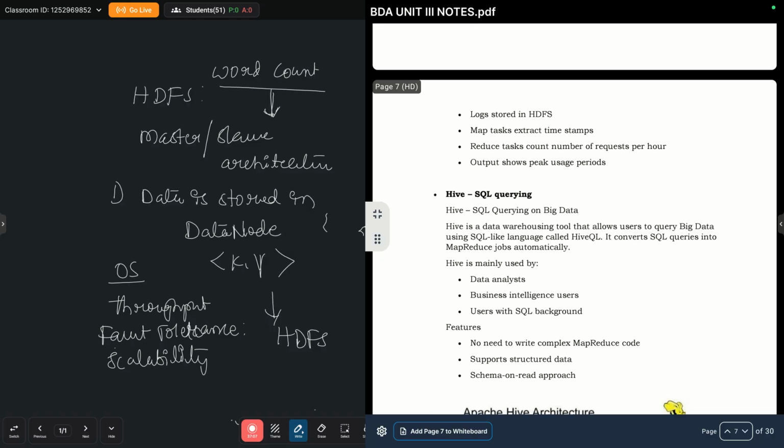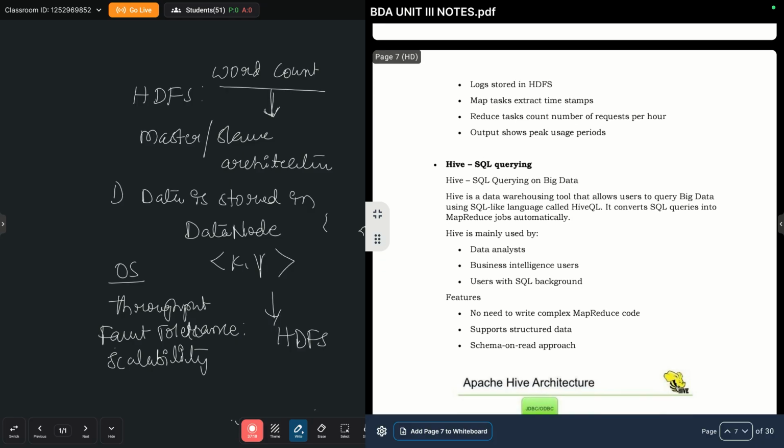The reducer task is to count the number of requests per hour. So how many requests came in one hour, that is done with the help of the reducer. The output shows peak usage periods. In which hour there is huge traffic on the server, that information is produced by the reducer.